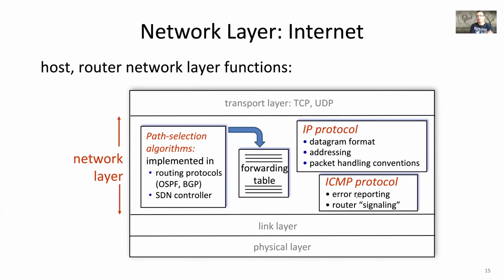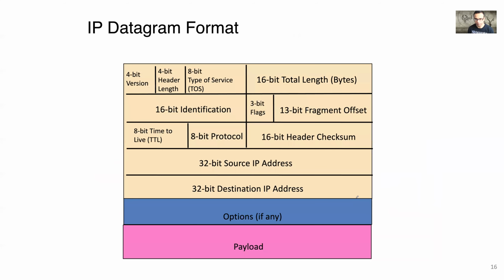And there's a separate protocol that takes care of error reporting and allows routers to sort of signal other routers. So this is called ICMP, the Internet Control Management Protocol, which we'll briefly look at next week. In fact, you have already got exposure to ICMP. You've used ping and traceroute, which actually make use of ICMP. So we'll briefly look at that next week.